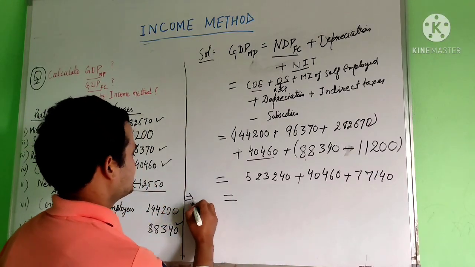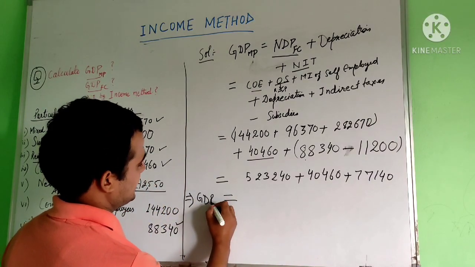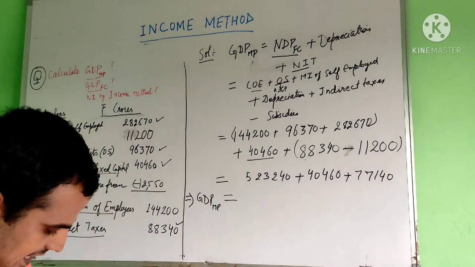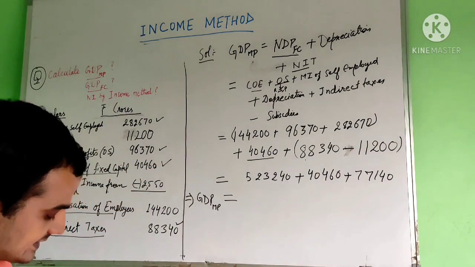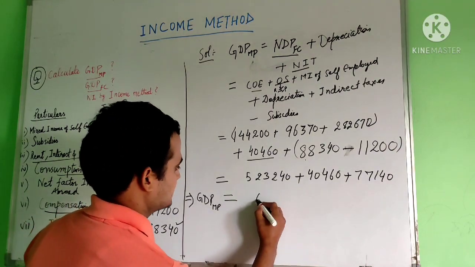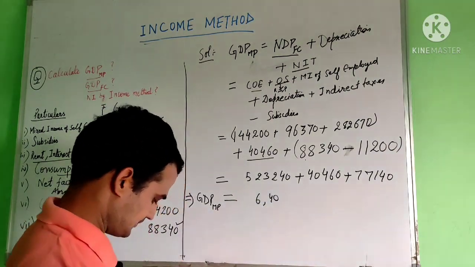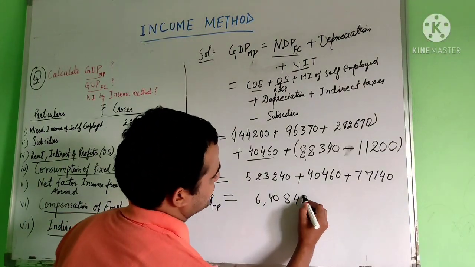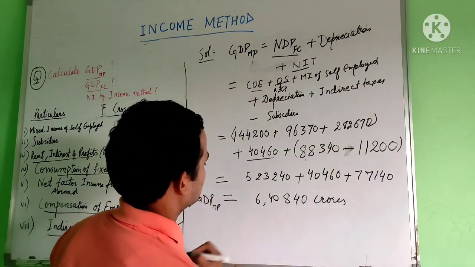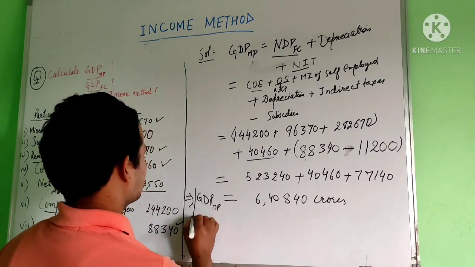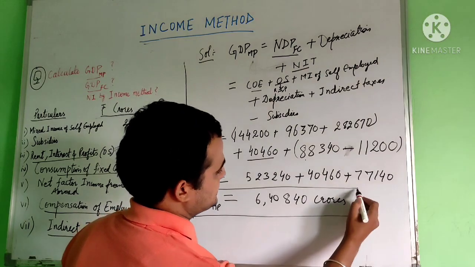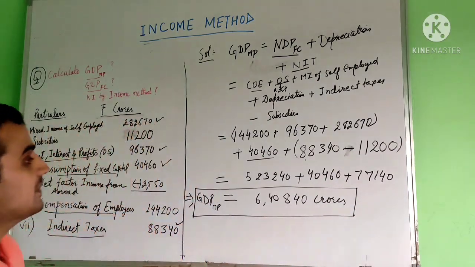This further implies GDP at market price, if we add all these three terms, is 6,40,840 crores.